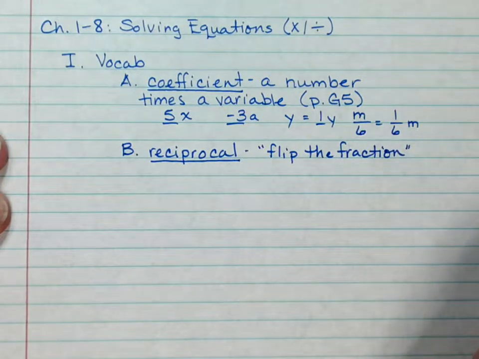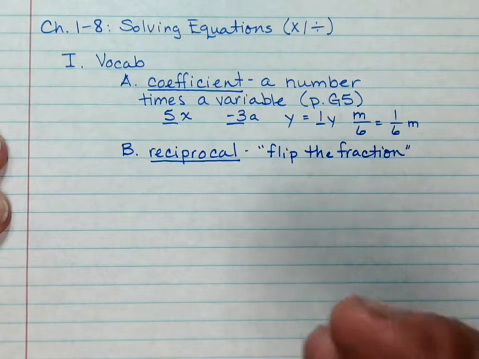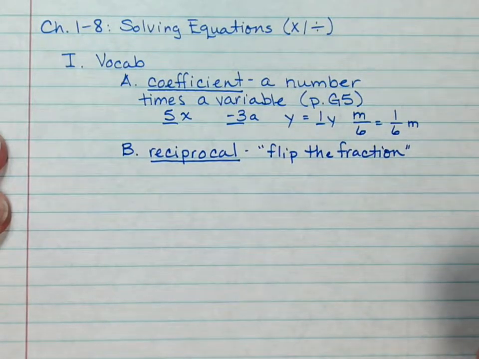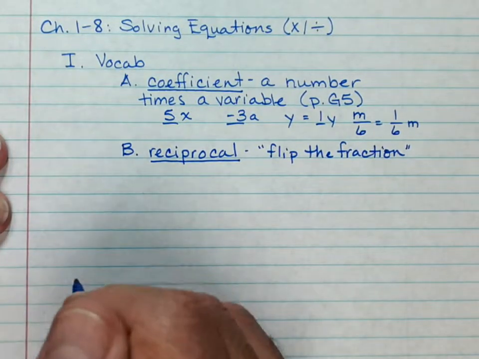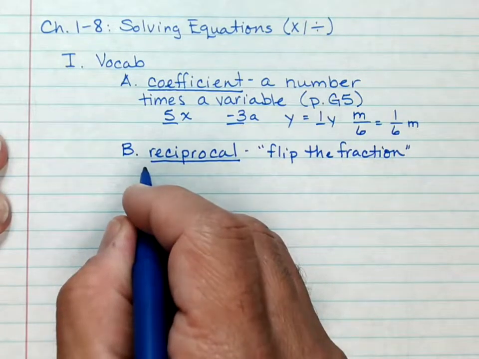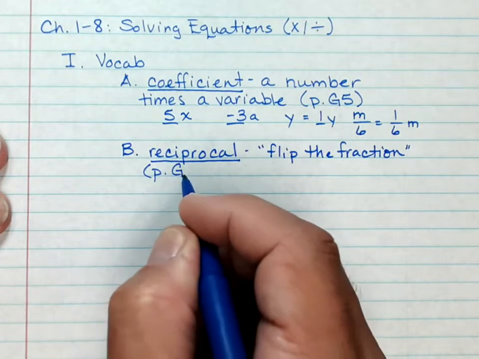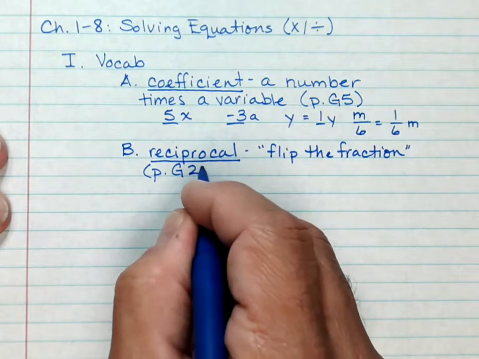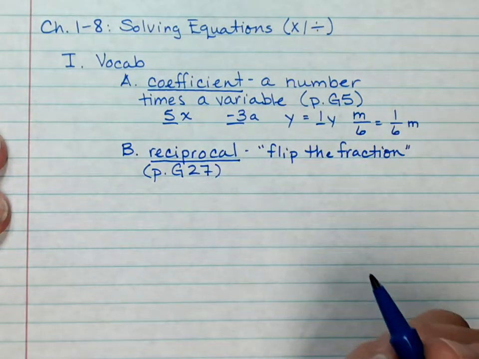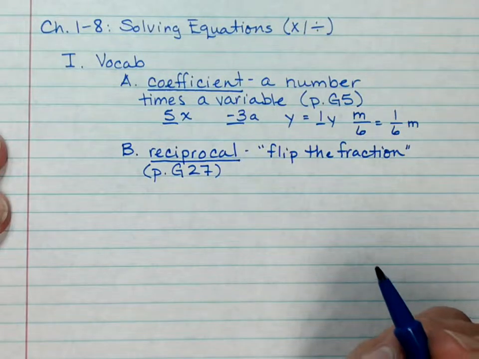Absolutely. It's a multiplicative inverse, which means you're multiplying the inversion of the given fraction. And remember, whole numbers are fractions as well. If you need anything else on that, I would go to page G27.